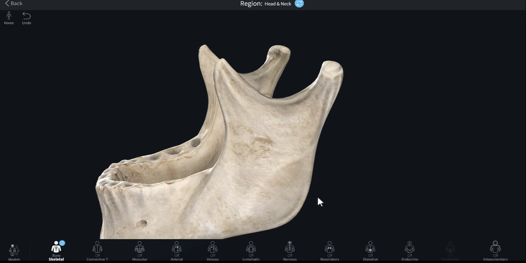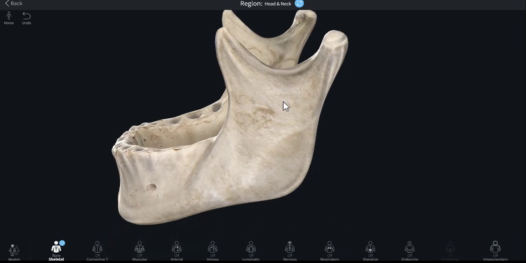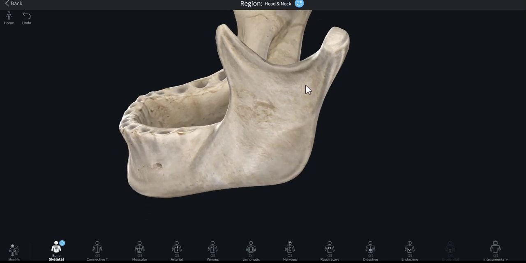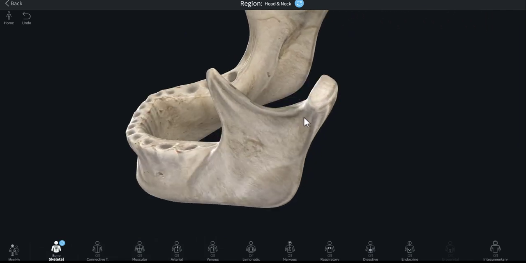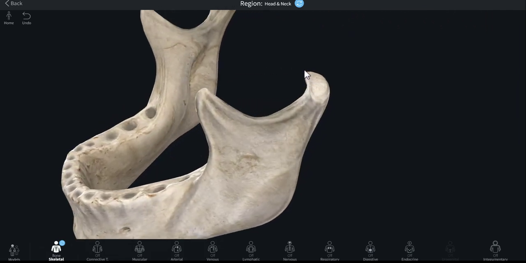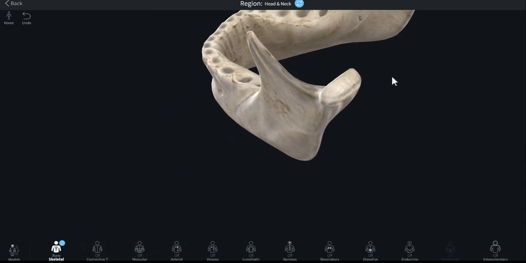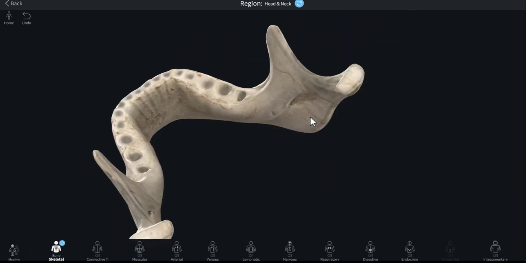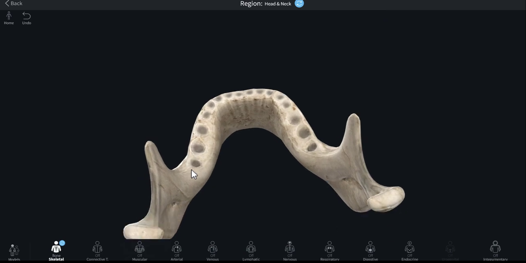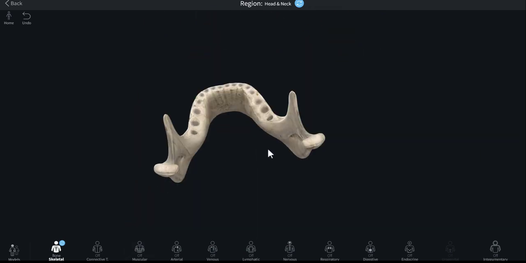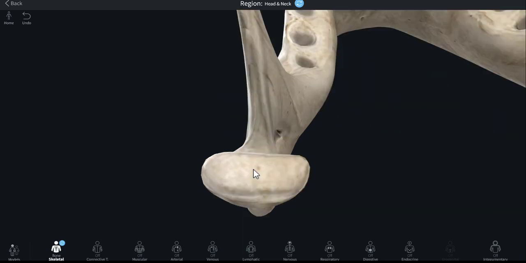Now, let's talk about the processes in a little bit more detail, not too much obviously, just a little bit. As I said, this posterior one is the condylar process, right? If you see it carefully, it is elliptical shaped.